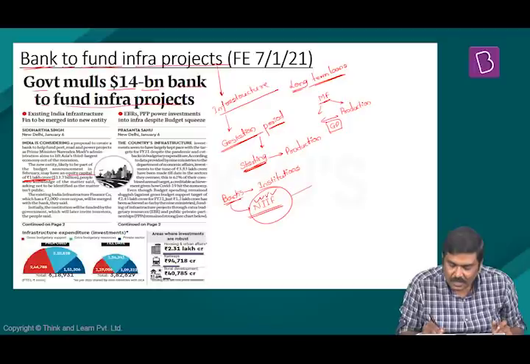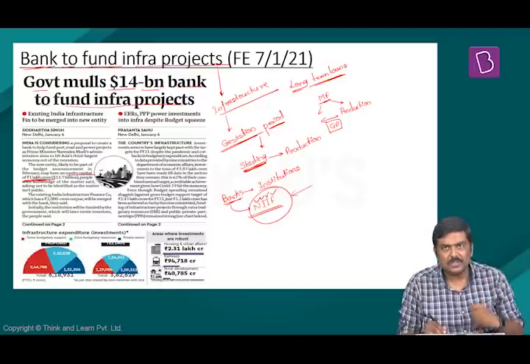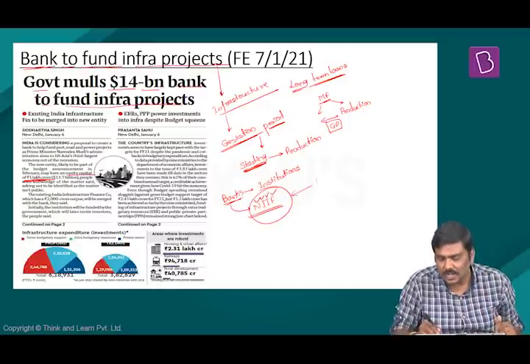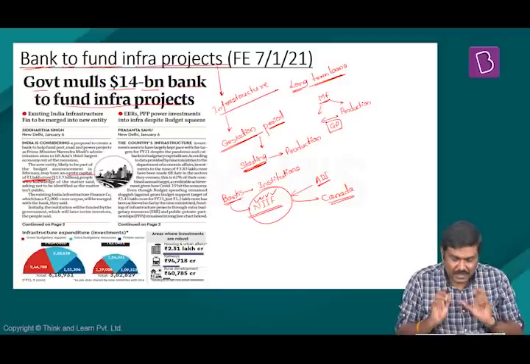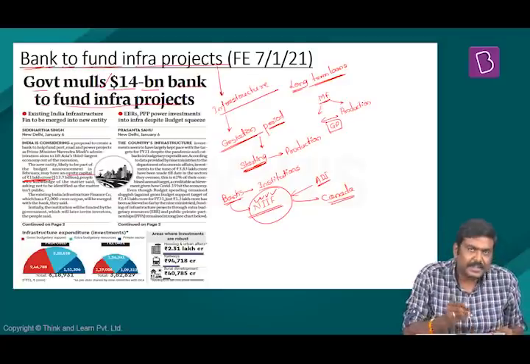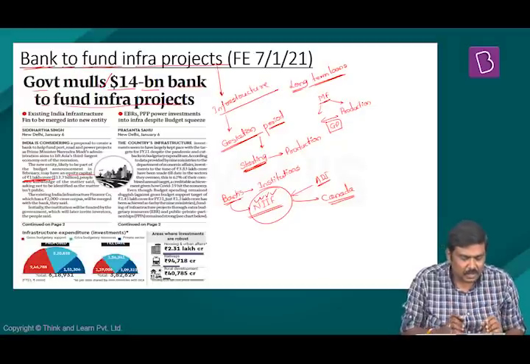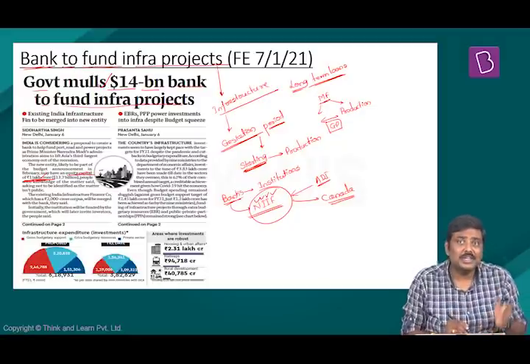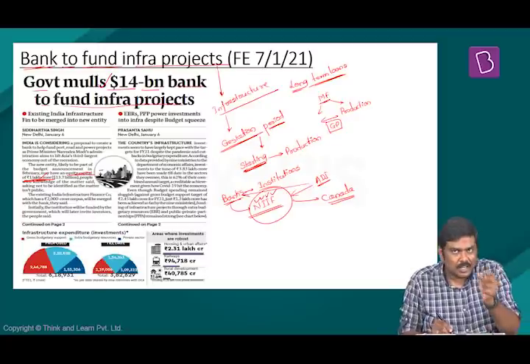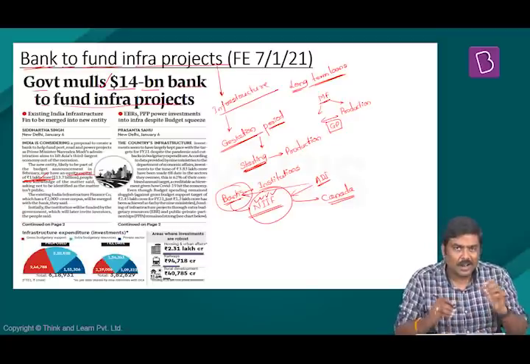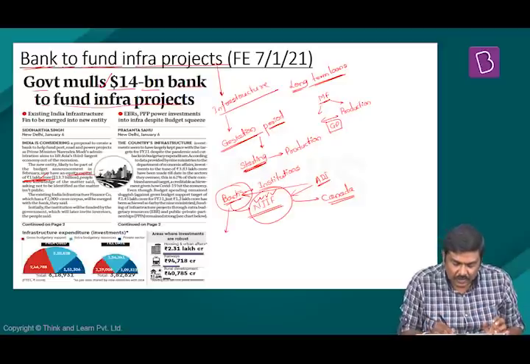NIIF has attracted a large amount of investments from sovereign wealth funds such as Abu Dhabi Investors Group, Canada Pension Investment, etc. So basically, the Government of India is saying that it will set up this bank with an equity capital of 1 lakh crore rupees, and over a period of time, it will be able to attract such long-term and large investors to provide infrastructure funding in India.